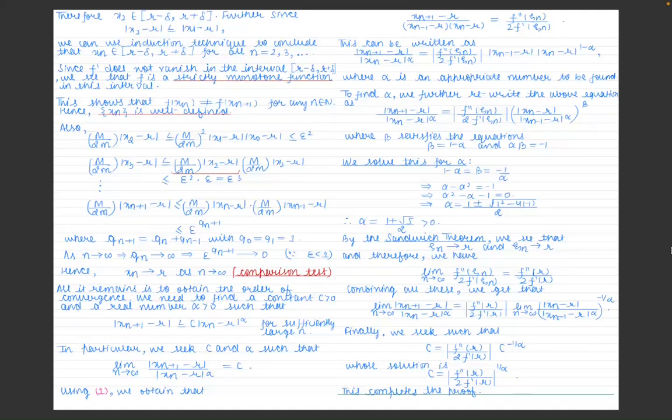Since f prime does not vanish in the interval r minus delta to r plus delta, the way we have chosen our delta, we see that f is a strictly monotone function in this interval.